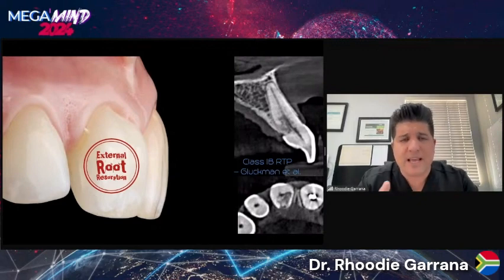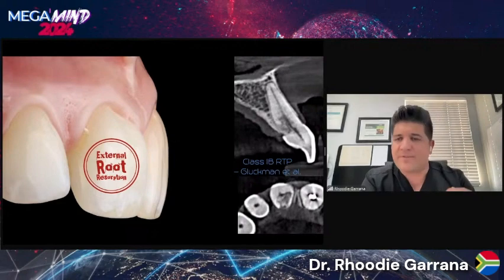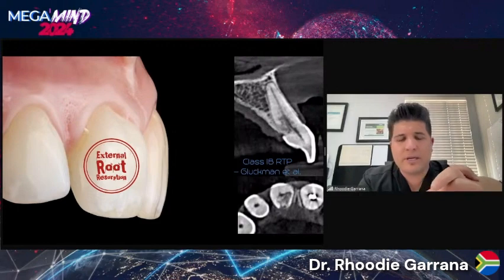So she has a thin biotype and triangular shaped teeth, which makes this a challenging case when considering implants in the anterior aesthetic zone. I classified her as a class 1B radial tooth position, according to Gluckman's CBCT analysis of radial root positions.